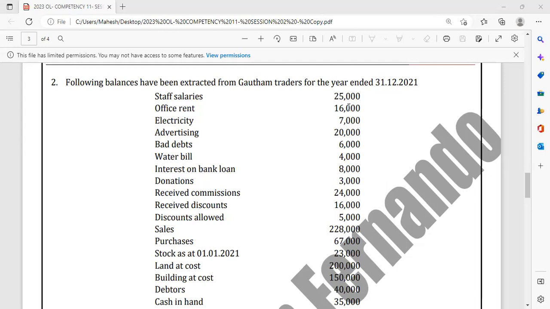Donations. Even that is an expense. Donations is an expense. Then decide on which column you are going to record it.